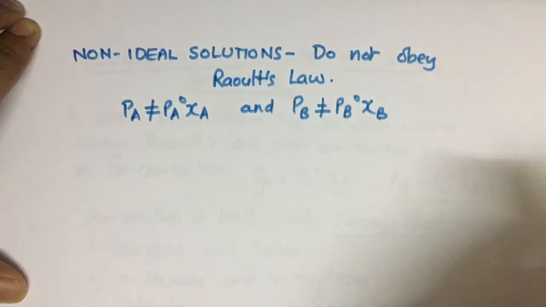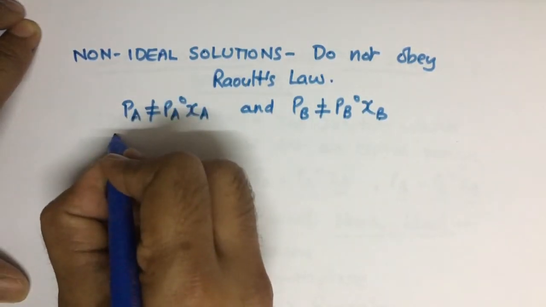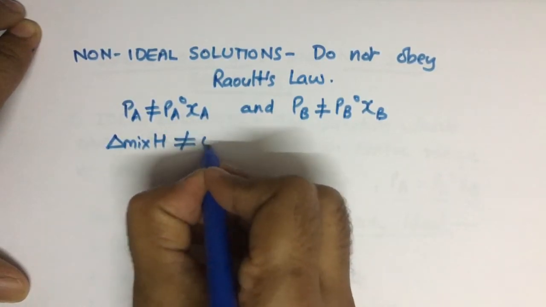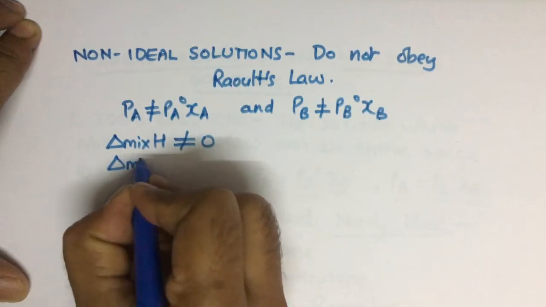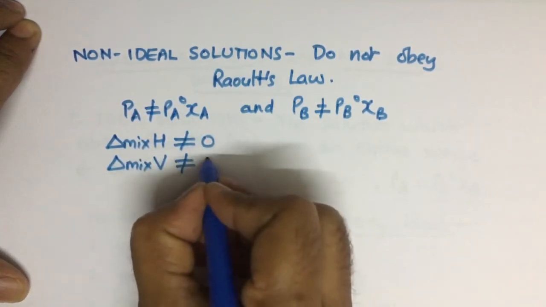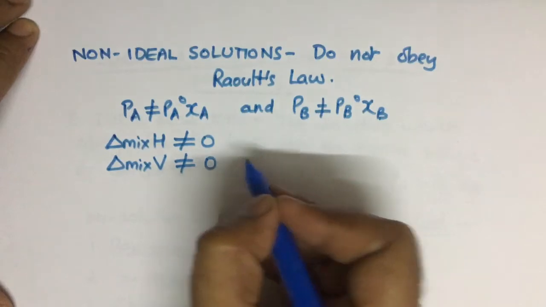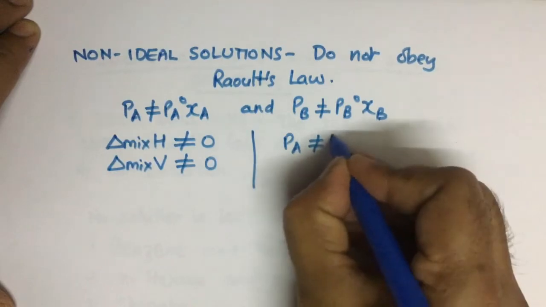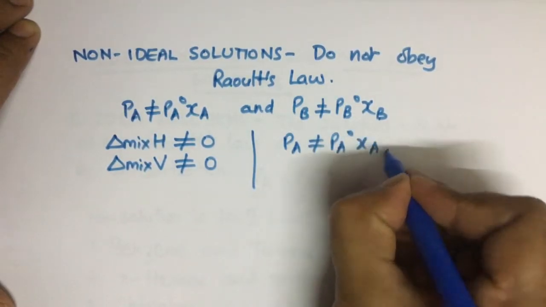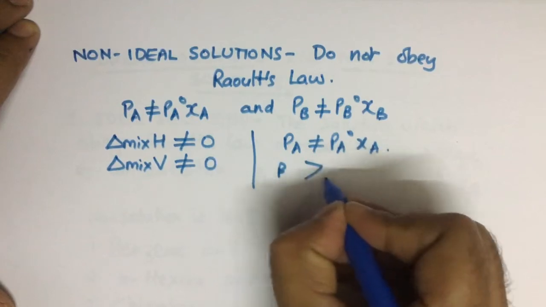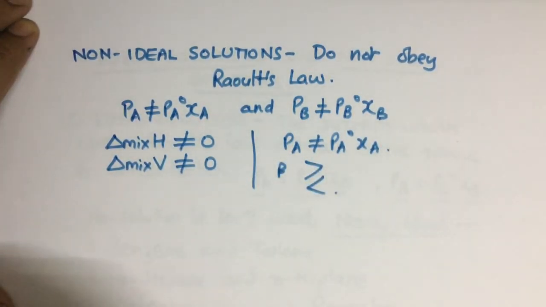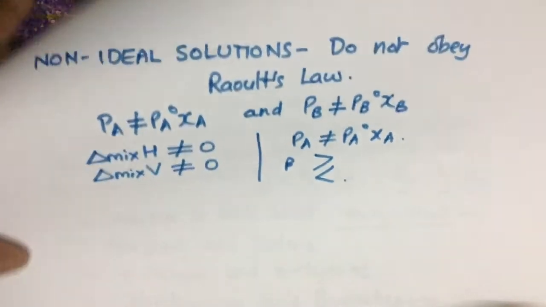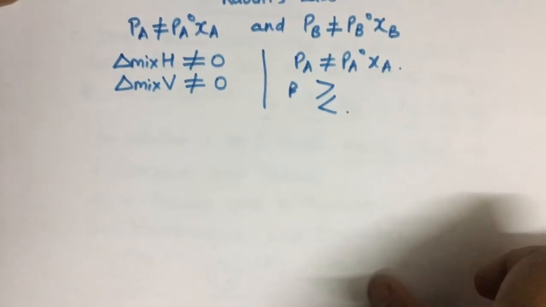Now for such solutions, delta mixing of H, enthalpy of mixing, is also not 0. Volume change of mixing is also not 0. Now if Pa is not equal to Pa naught Xa, then it must be greater than or less than. Now based upon this, non-ideal solutions are of two types. We will discuss each type one by one.